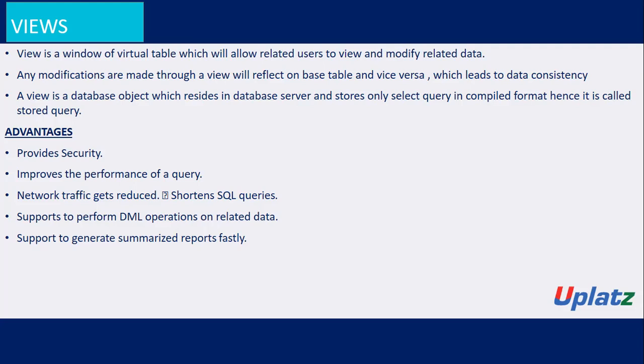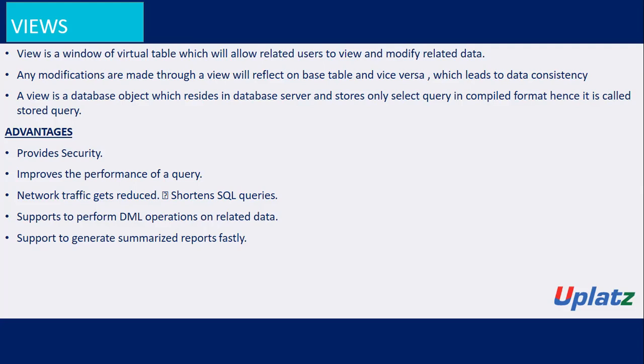Any modifications made through a view will reflect on the base table and vice versa, which leads to data consistency. This is a very important point: when we make any changes to the view, the change will reflect on the base table and vice versa.